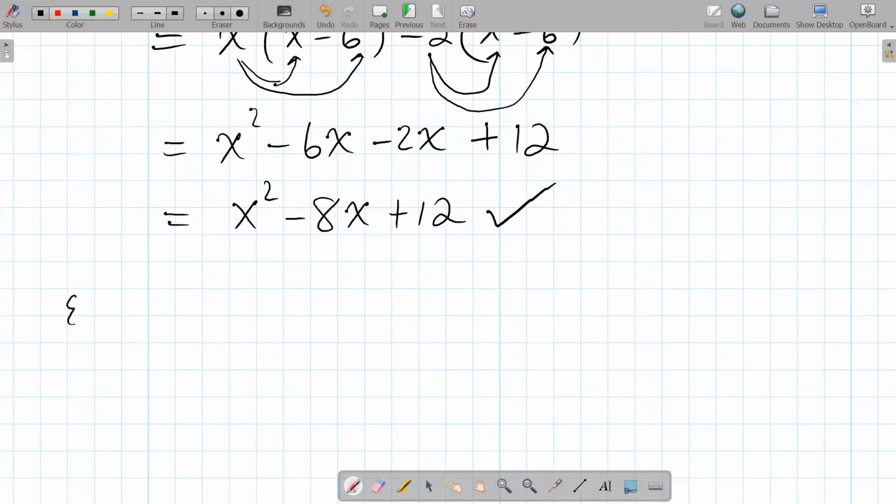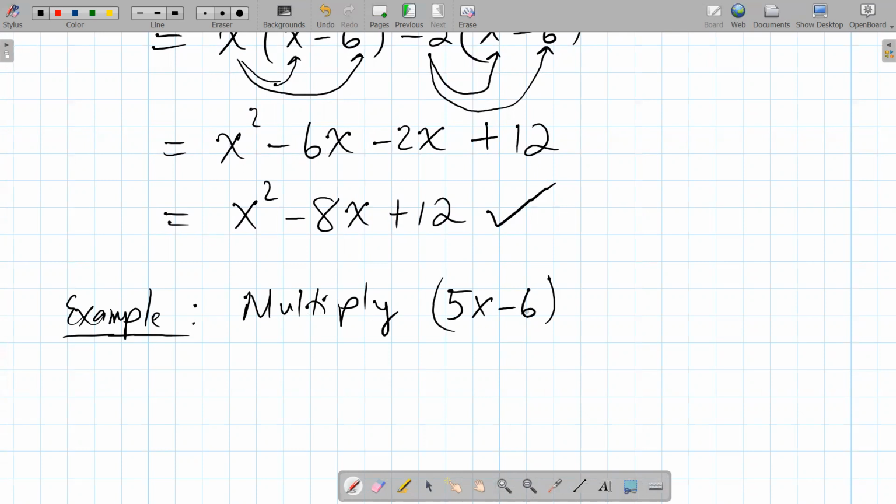So another example. Multiply 5x minus 6, and then 2y plus 3.